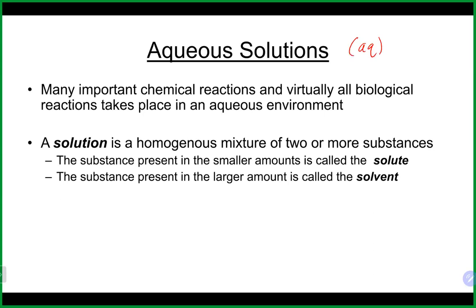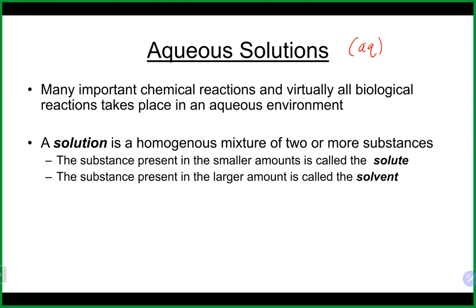The difference between AQ and something with an L is that L is one substance by itself. A solution, which is a homogeneous mixture, means you've got to have at least two things mixed together to make a solution.